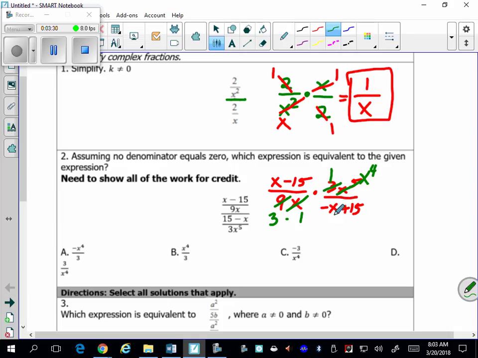Over here, we have something special going on. The numerator, this binomial, is x minus 15. This denominator is negative x plus 15. That's a binomial also, so binomials can simplify with binomials. Now, if you notice, they're opposite. Each term is opposite.